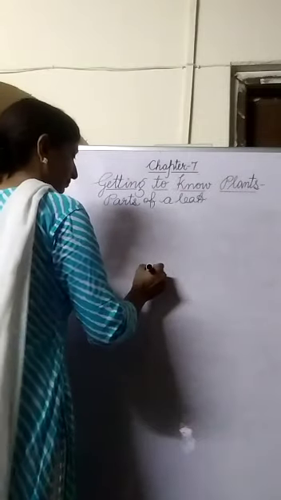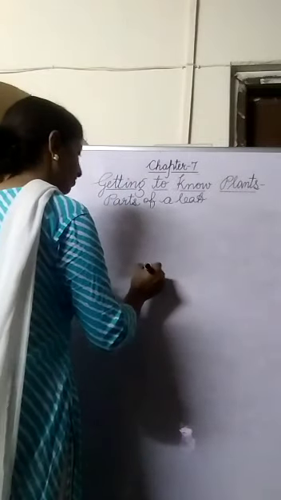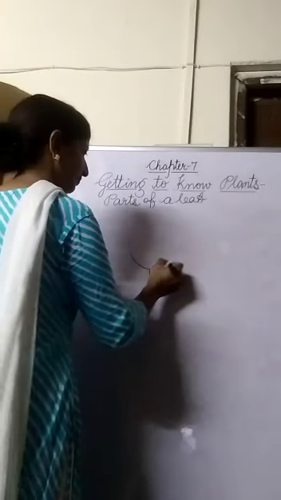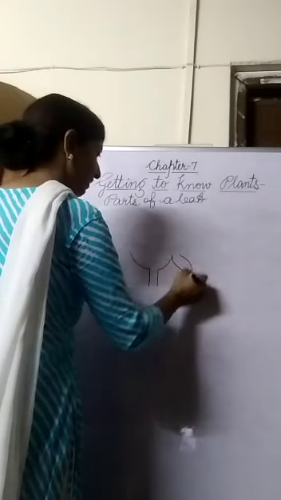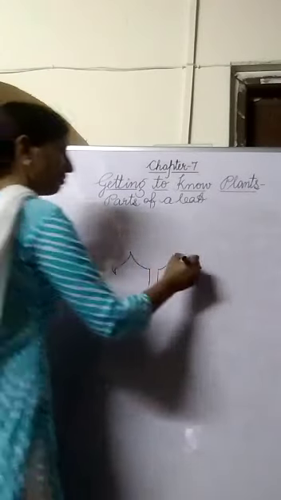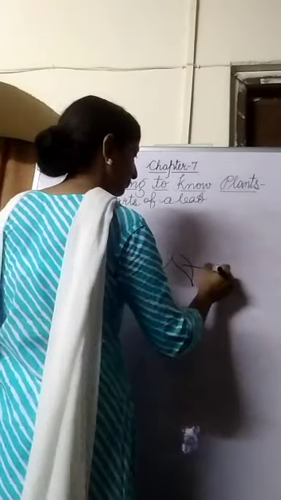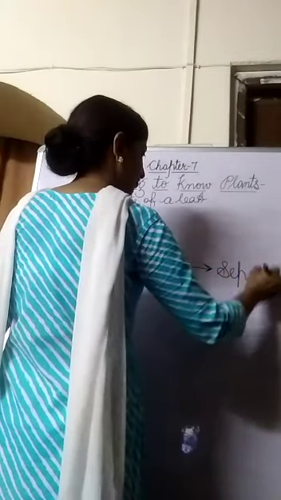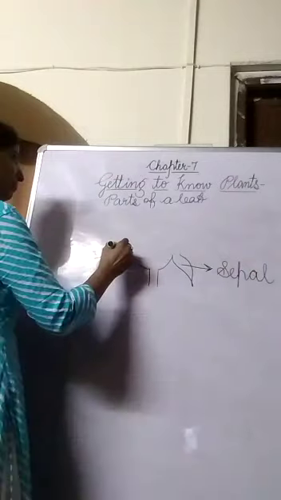Now we will discuss 4 important parts of a flower. Let me first draw the parts of a flower. These green leaves of a flower are called sepals.